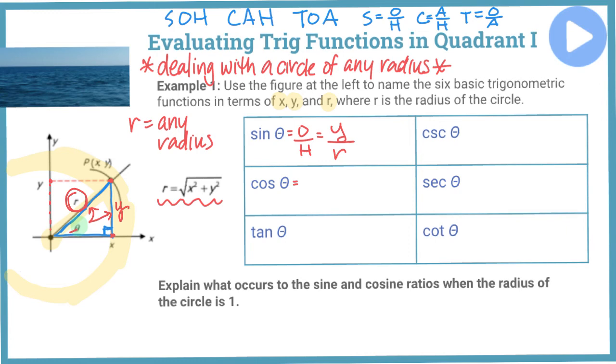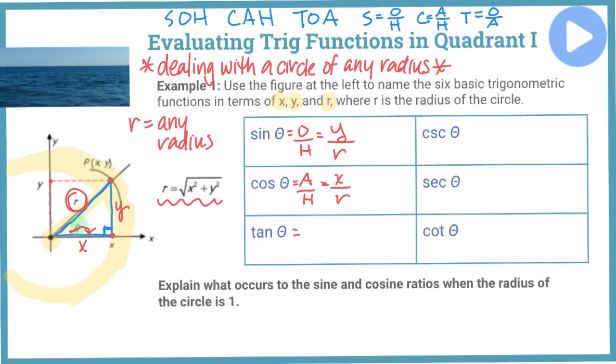Cosine is going to work similarly. Cosine is adjacent over hypotenuse. Adjacent is going to be the side that touches the angle but is not the hypotenuse. So that's going to be the distance along the x-axis, which we're going to call x. So adjacent is right here, x, over hypotenuse, which is still r.